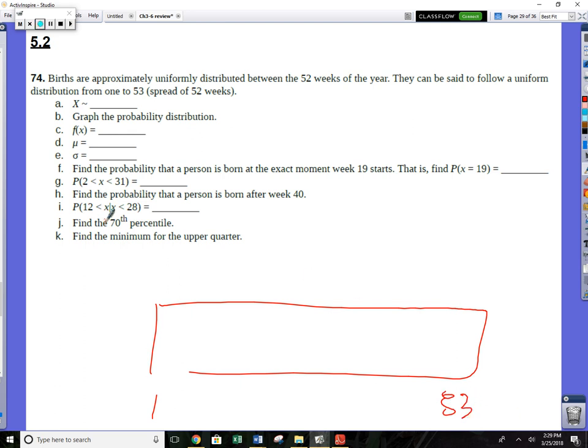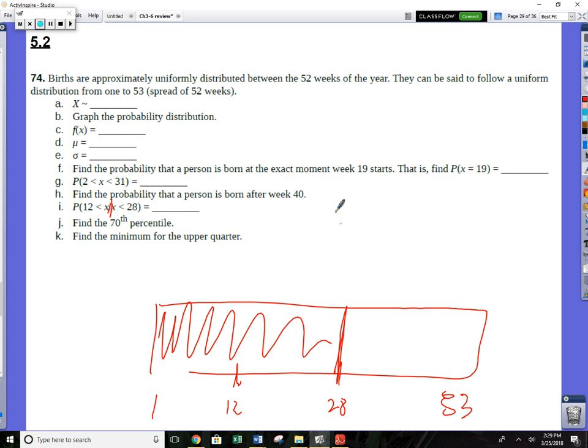Find the chance that it's greater than 12 given that it's less than 28. So here is 28. Now, I'm looking at all of this region here. So its width is 27. So it's 27 times 1/52. So it's 27/52. That is the area of the whole thing.